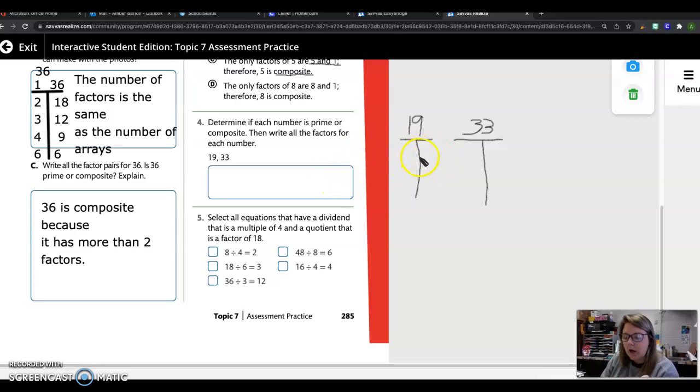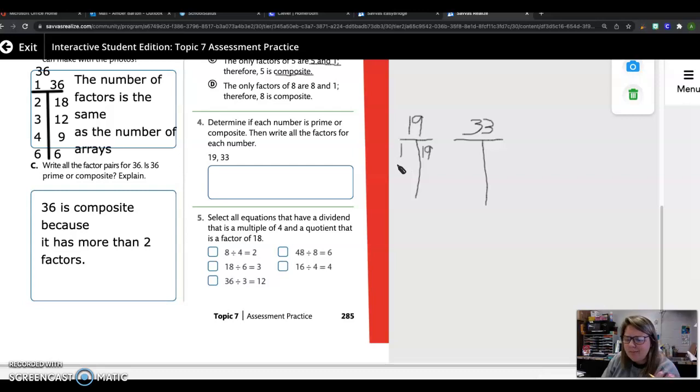So let's start with 19. What are the factors of 19? We already know to start with we have 1 and itself, right? So 1 and 19. Can we multiply 2 times anything to get to 19?